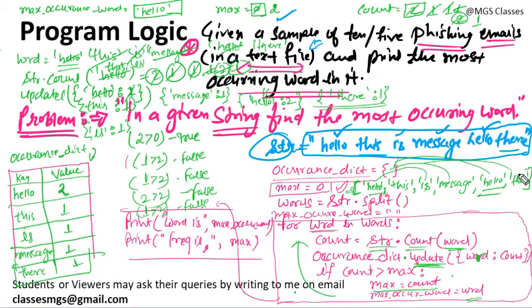Next time nothing is left in this list of words. Now your loop will be terminated, and you are going to print the word. The word is hello, the most occurring word is hello, and the frequency is how many times it occurred? Two times, the max value.